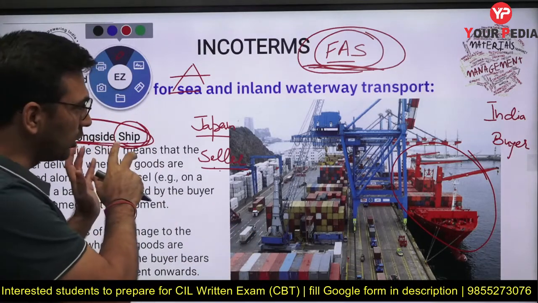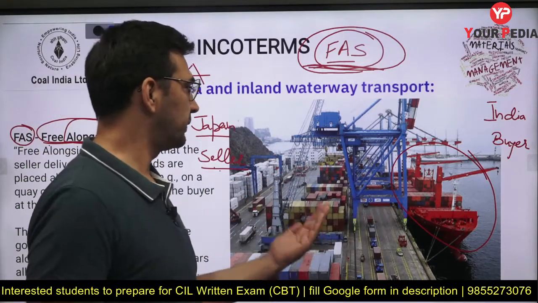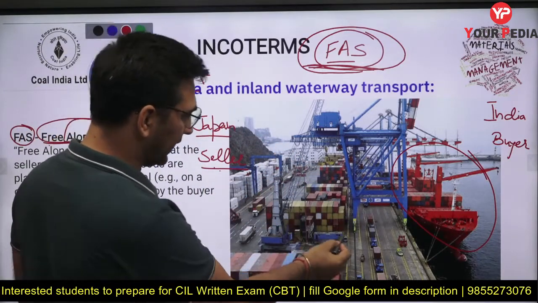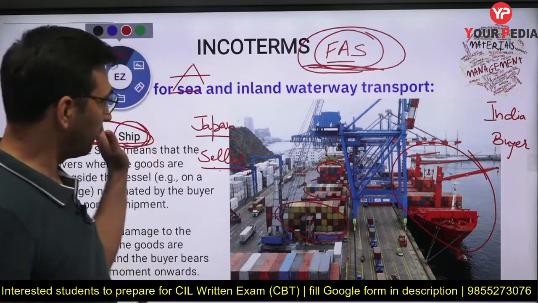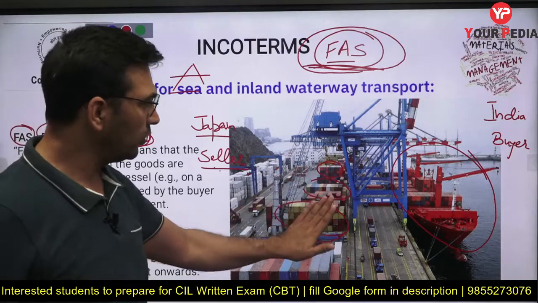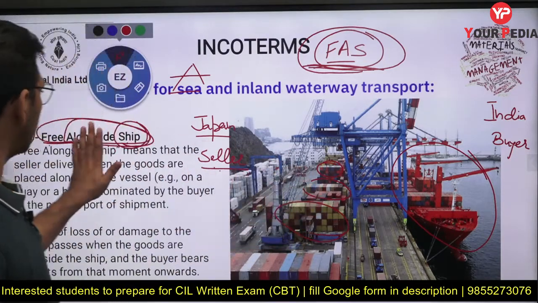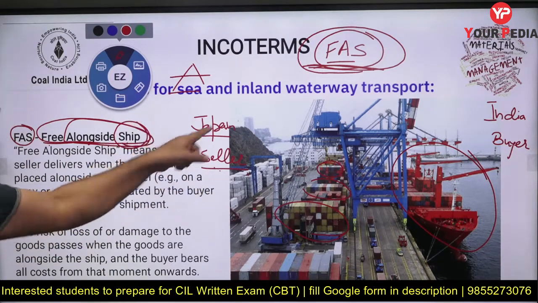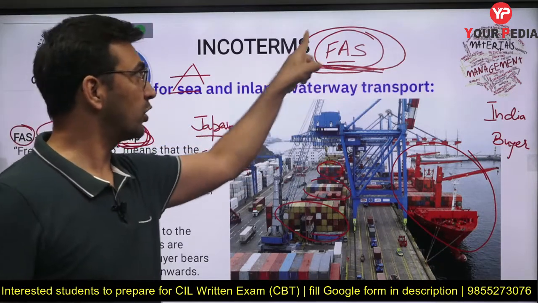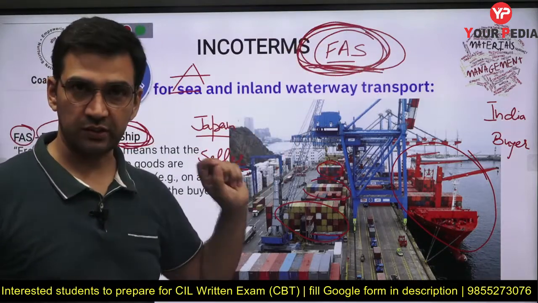So you will bring the goods and keep them alongside that particular ship. Let's say this is the open area where you have to bring it from the factory and keep it over here. That is the only responsibility of the seller if you have agreed to send the goods as per the FAS term.